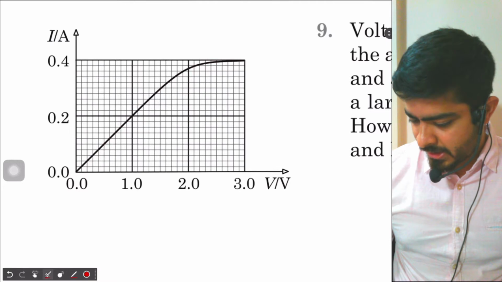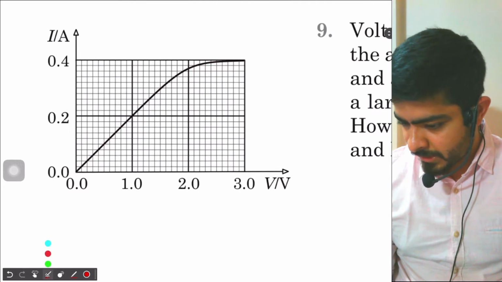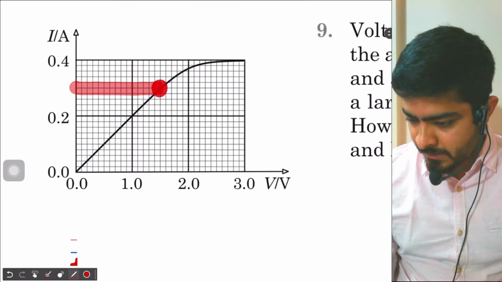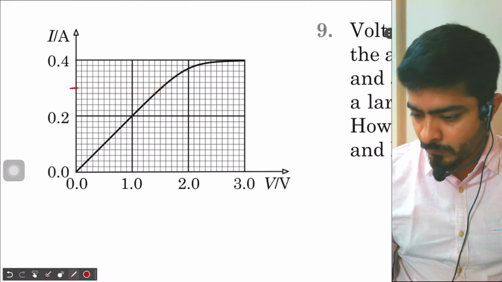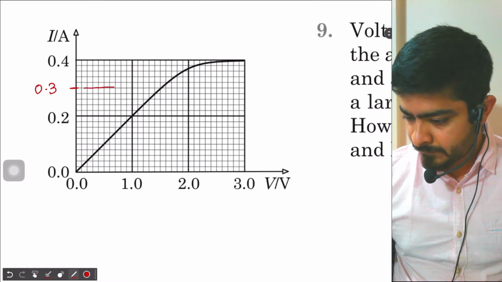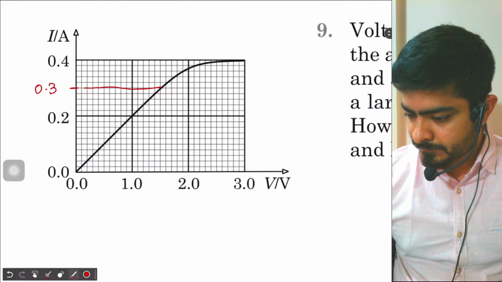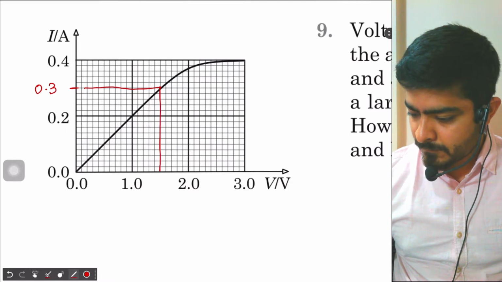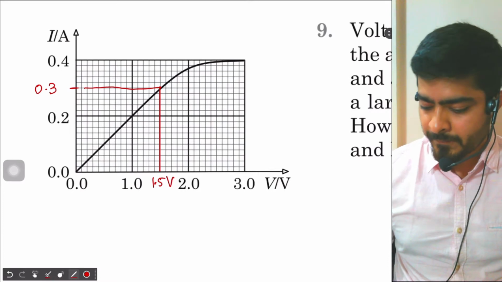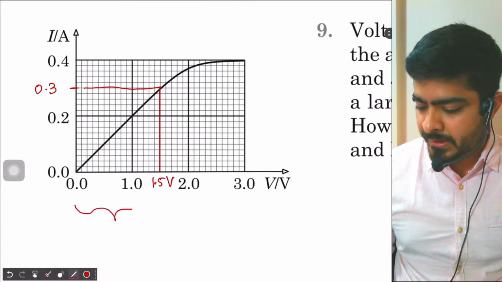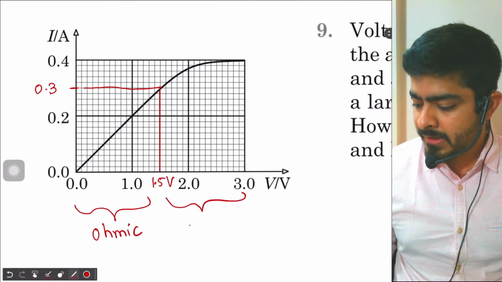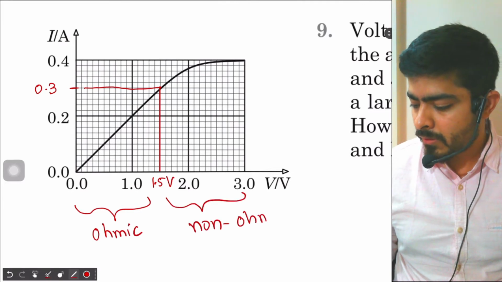So the graph deviates from the behavior roughly at this point, and this point would be over here 0.3, and correspondingly it will be 1.5 volts. So in this region your lamp is ohmic, and in this region it will be non-ohmic.